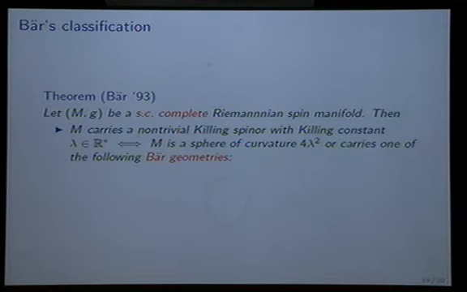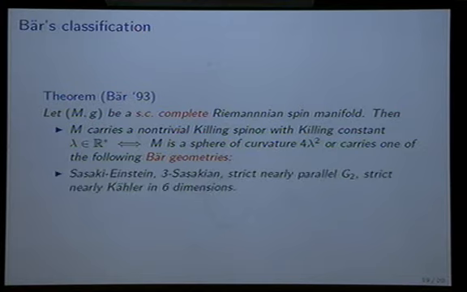If we assume that M carries a non-zero Killing spinor with a Killing constant different from 0, then either M is a sphere or carries one of the Bär geometries. And these are these geometries. They have some names: Sasaki-Einstein, 3-Sasaki, nearly parallel G2 or nearly Kähler in 6 dimensions.